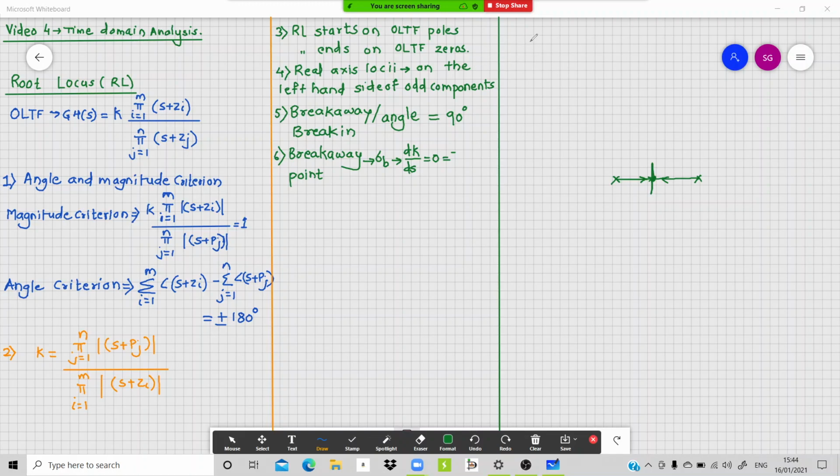We have G(s)H(s) with k, numerator N(s) and denominator D(s). When finding the value of k, we have the characteristic equation 1 plus G(s)H(s) equal to 0, that is 1 plus k N(s)/D(s). Getting k from this, k is minus 1, D will be in the numerator and N in the denominator, so k equals minus D(s) upon N(s). This is the formula for calculating the breakaway point.